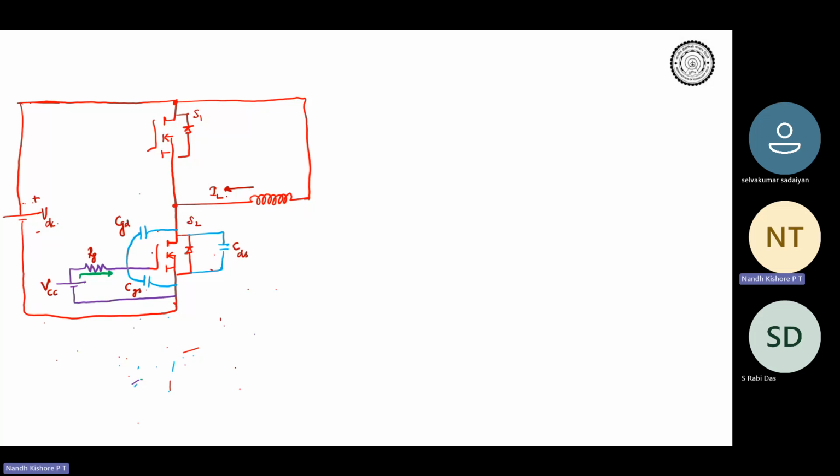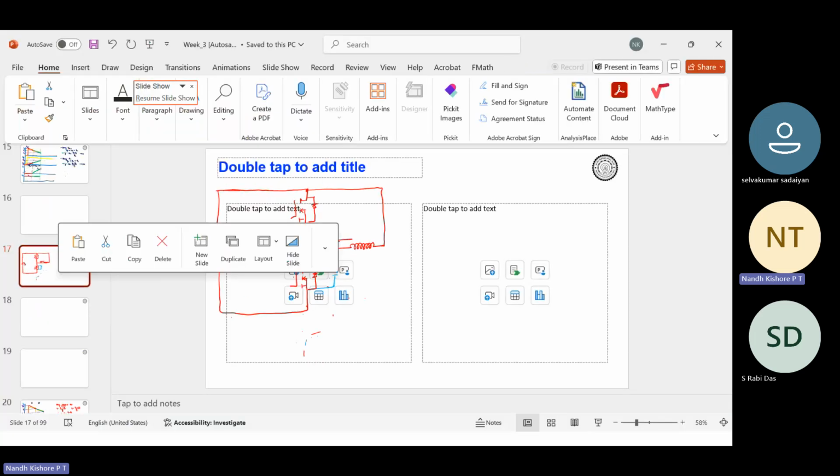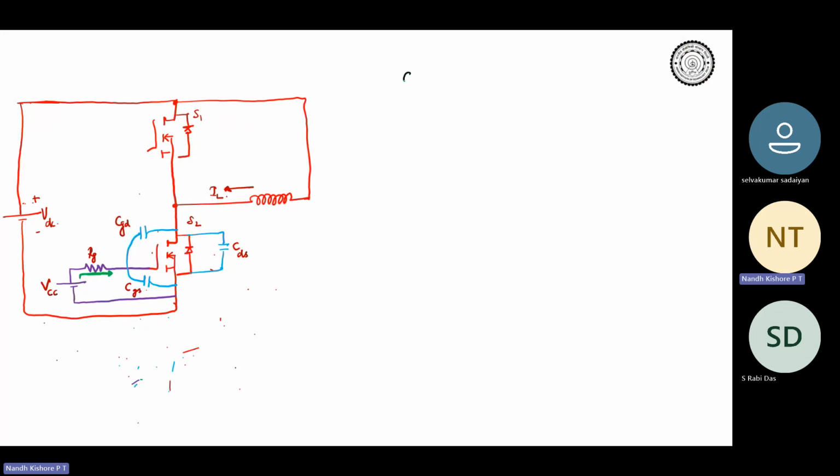Now you know that physically, in a practical device, CGS is much more than CDS, much more than CGD.